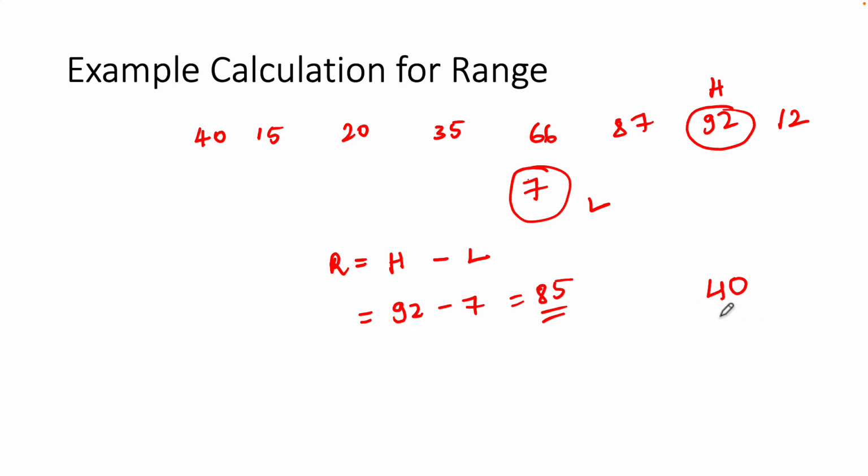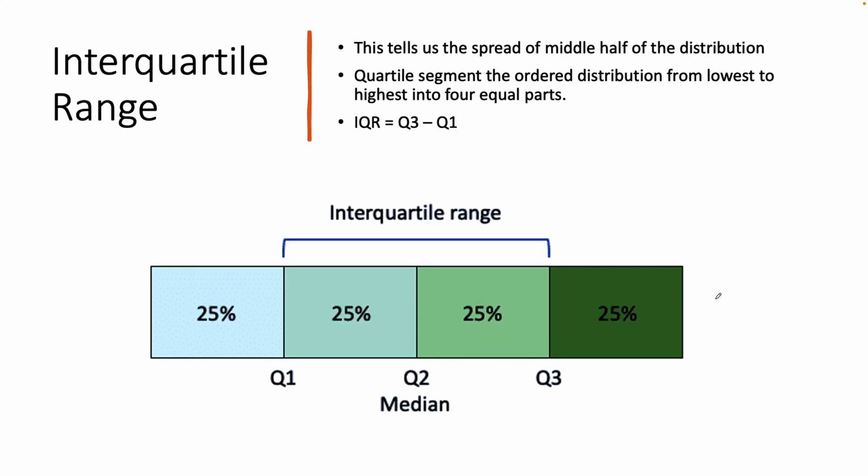Now that you are clear about the concept of range, let's look into the concept of interquartile range. The interquartile range tells us the spread of the middle half of the distribution. Whenever we have data, to calculate the interquartile range we generally split the data into 4 parts, as you can see like this.